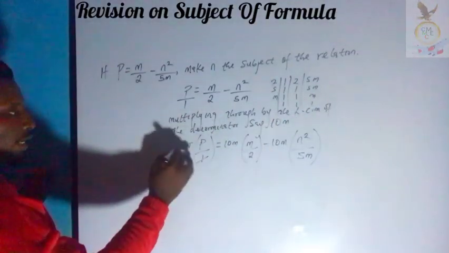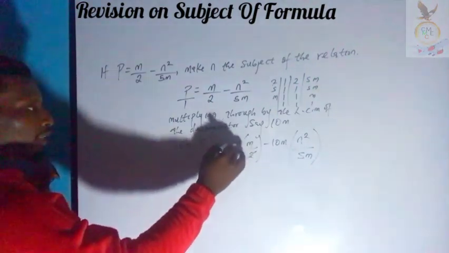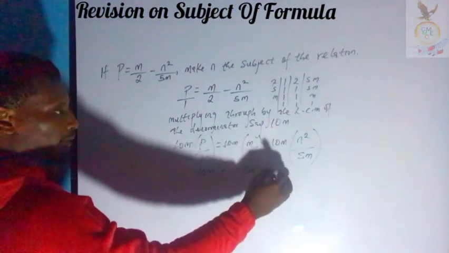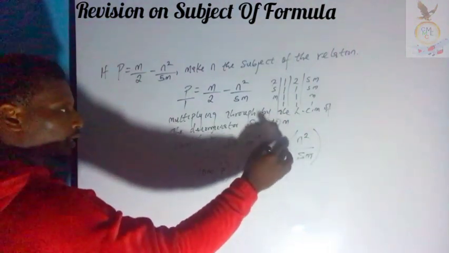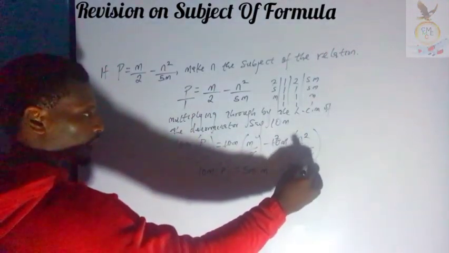So 1 divided by 10m will give us 10m. Inside the brackets we are having p, 2 divided by 10m will give us 5m. Inside the brackets we're having m minus, 5 cancel 10 is 2, and m cancel m is out, leaving us with 2 inside the brackets n squared.